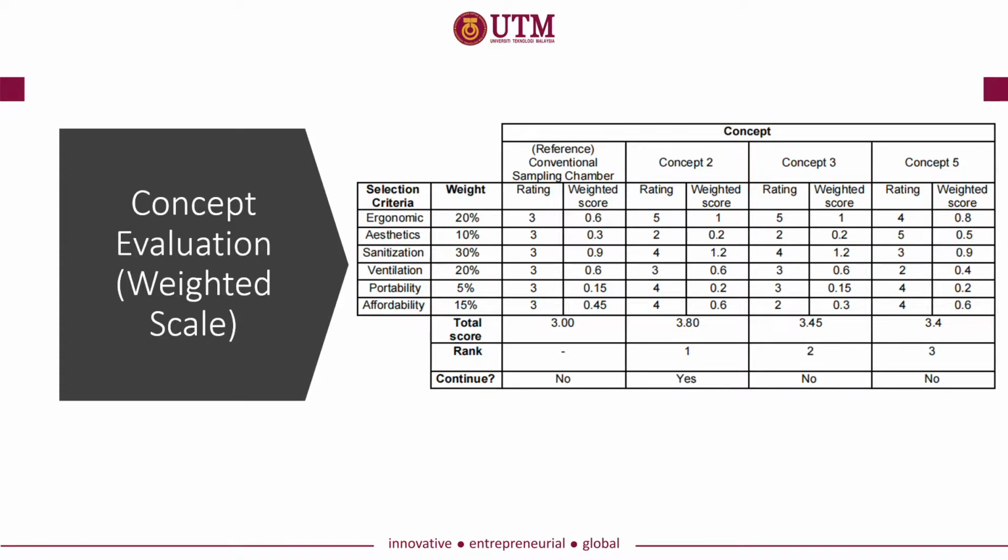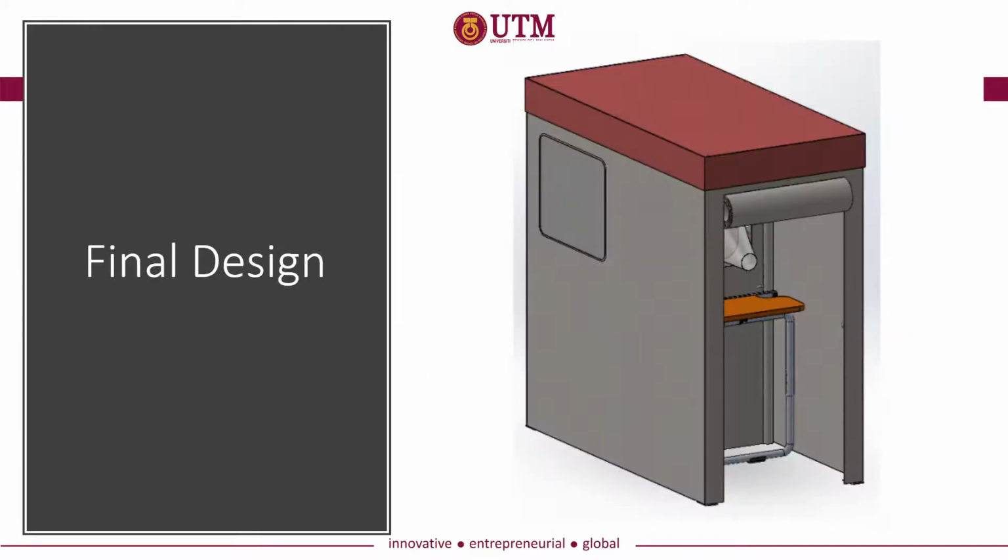Next, we further evaluated our designs using the weighted scale, focusing on 6 selection criteria, which are ergonomics, aesthetics, sanitization, ventilation, portability, and affordability. We have determined, yet again, concept 2 to rank first, followed by concept 3 and concept 5 at third rank. As a result, we have decided to continue developing concept 2, and here is our final design.